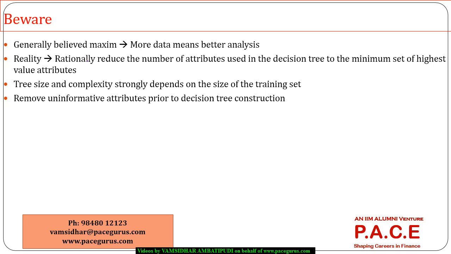The reality is I should be able to reduce the number of attributes used for building the decision tree to the minimum set, but each of those variables should be a highest value adding attribute. It's not the quantity that matters. Even if you have very few attributes, they should be contributing very powerfully to your decision variable.